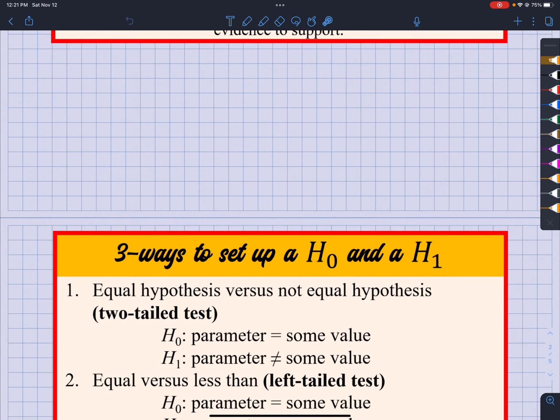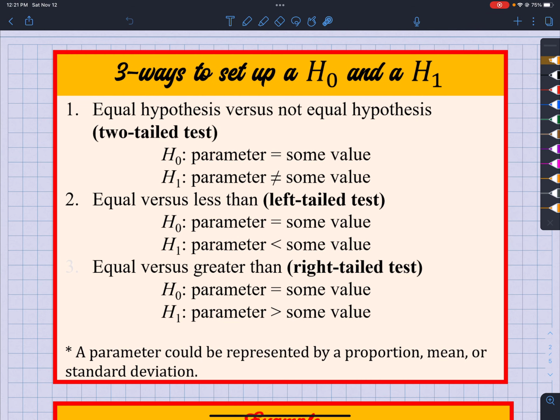All right, so three possibilities here. With these statements, the parameter could equal some value, which is your null hypothesis. If you notice, the null hypotheses all say equal. The alternative hypothesis can be not equal, less than, or greater than.